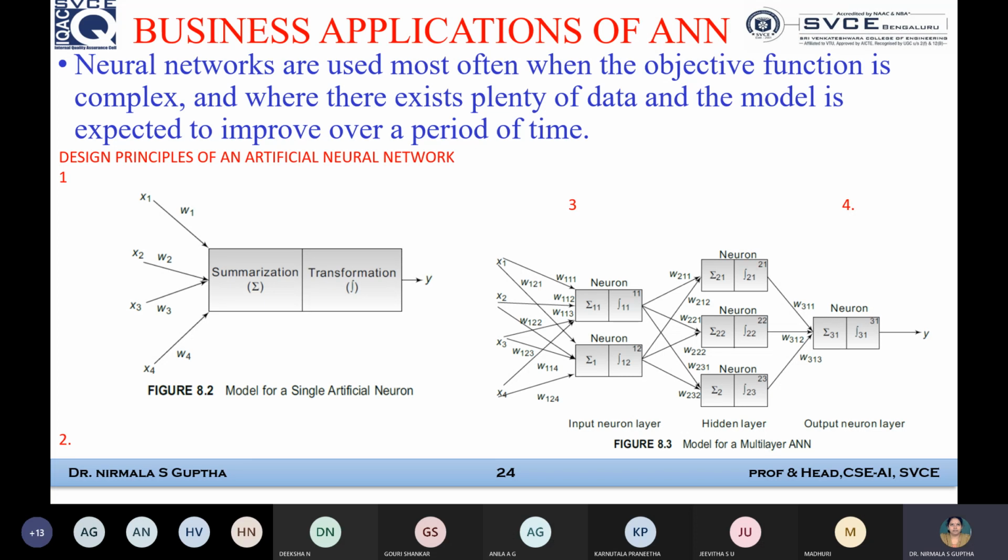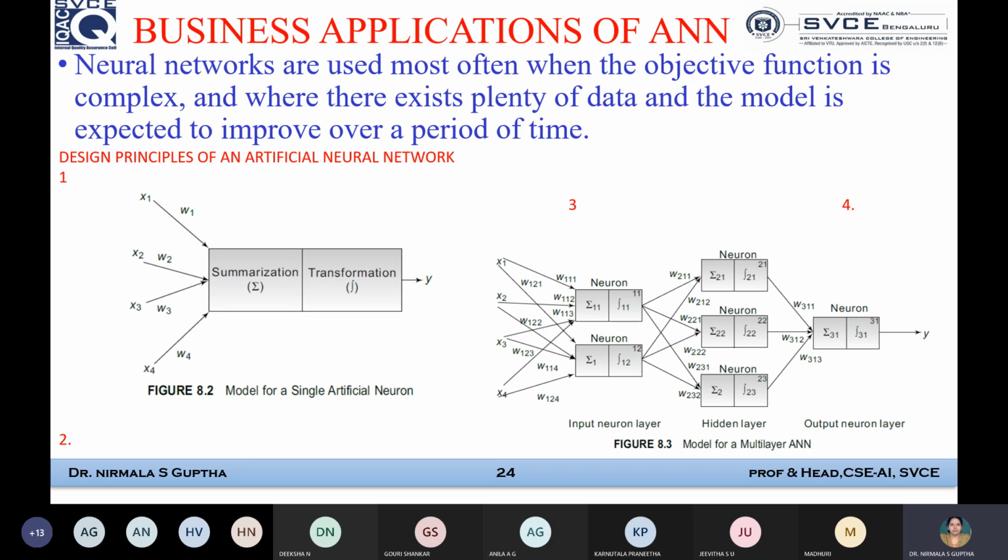So let us discuss the second design principle for today. In the second design principle, we know that a network means it's not one element. It will have n number of nodes, which we have already learned in the normal networking concept or computer networks course. In the same way, the neural network is also a multi-layered model.